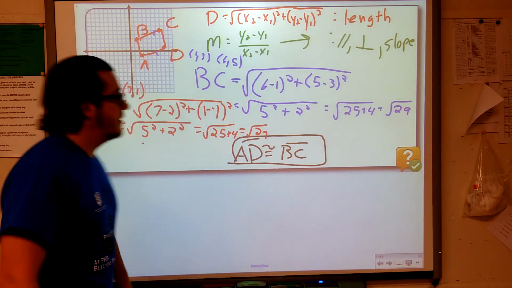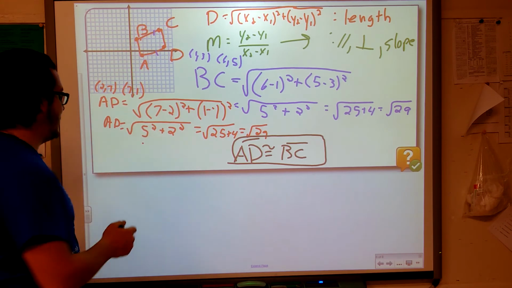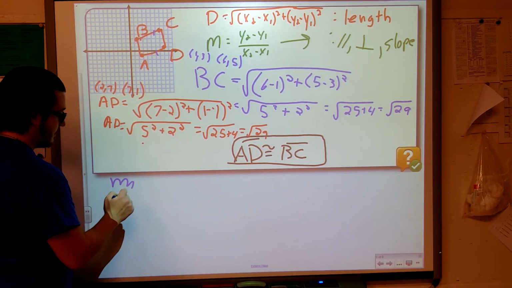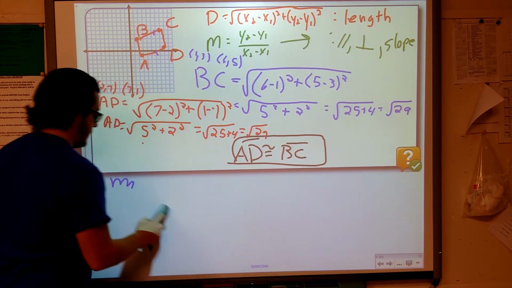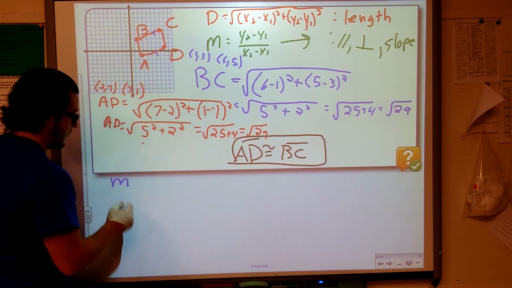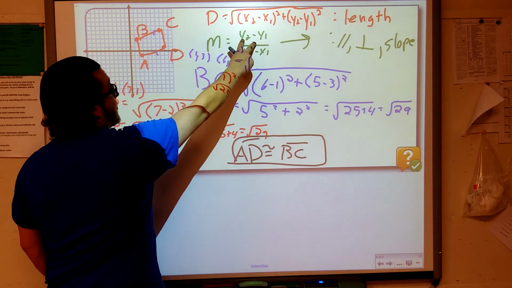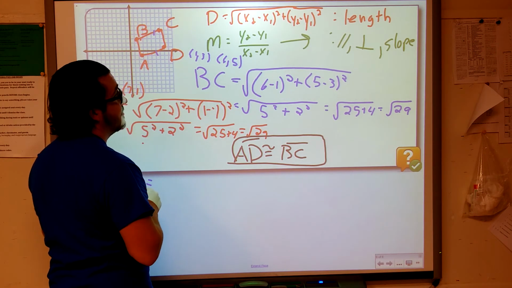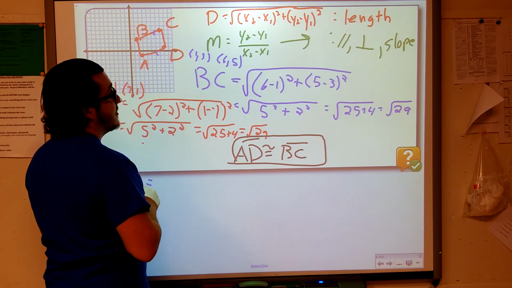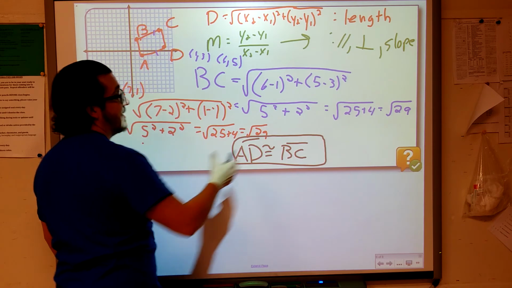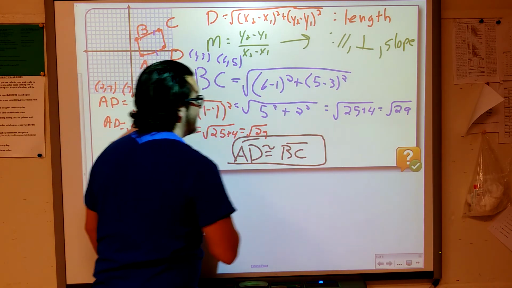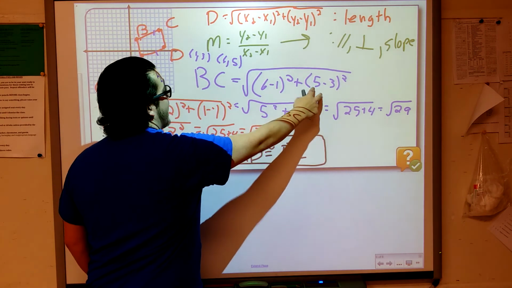Alright, so now we've got to find the slope of BC, which we know is y2 minus y1 over x2 minus x1. So really we're doing the same exact thing here. For our y's, we have 5 minus 3.